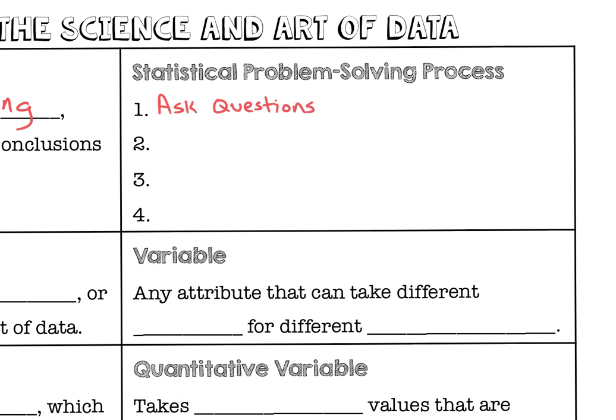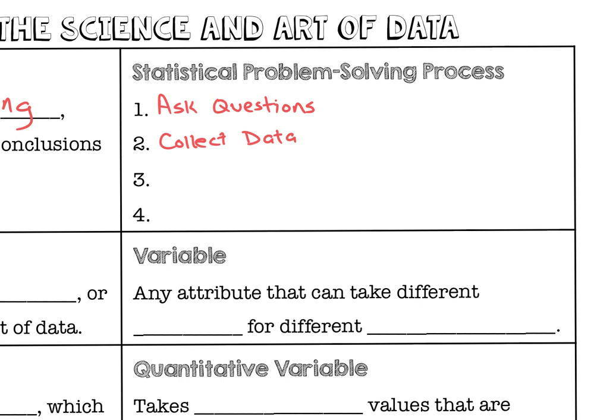And that question might be studying a quantitative variable or a qualitative variable, and we'll get into all that later. But in order for this whole thing to kick off, you've got to have a question that you want answered. Then after that, you'll collect your data. And we're going to talk about a lot of different ways to collect our data, a lot of different types of surveys, observations, experiments, and so forth, and we'll get into all that.